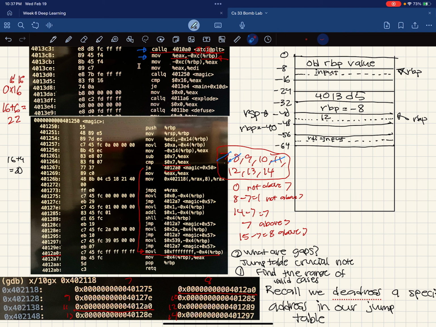SHLL, negative 0x4 RBP. Yeah. So I'm low-key, my fundamentals are kind of bad. Yeah, so SHLL means that we're shifting left, right?